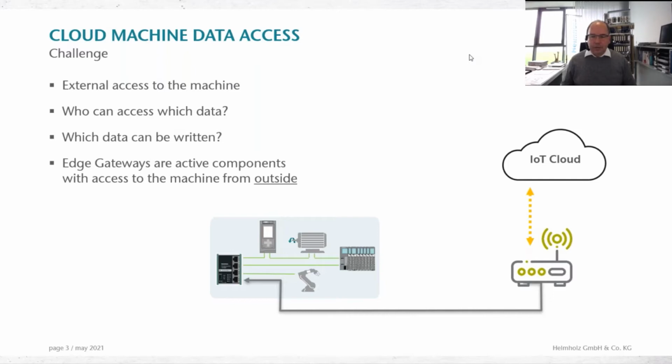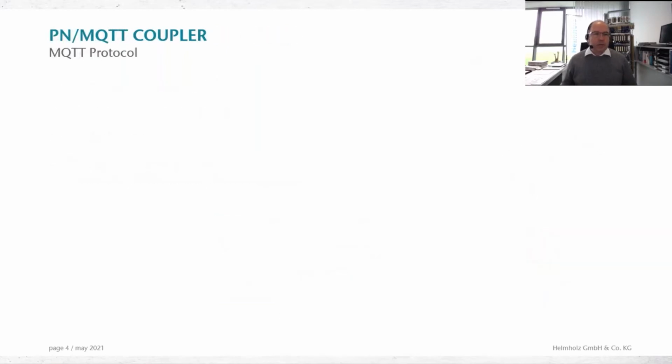We thought about how to get this application done in a better way, and we are using the MQTT protocol for sending the data to the cloud. This is the first step, to decide the protocol. A couple of words about MQTT: it stands for Message Queue Telemetry Transport.